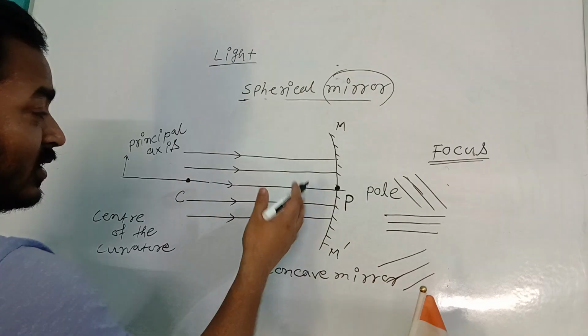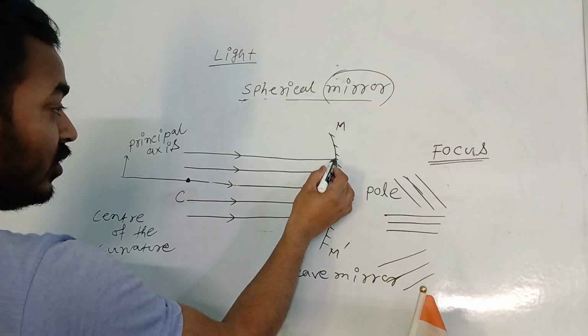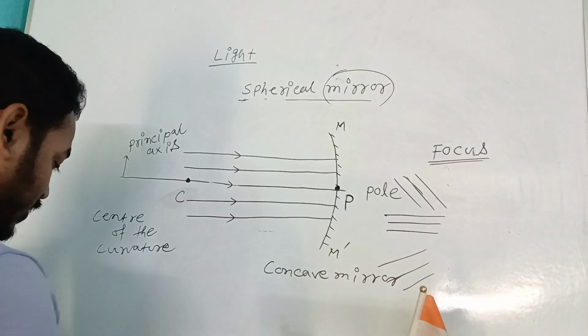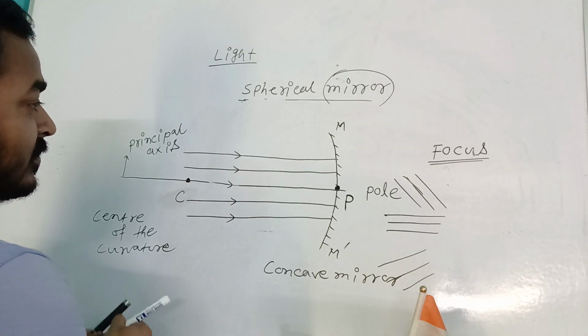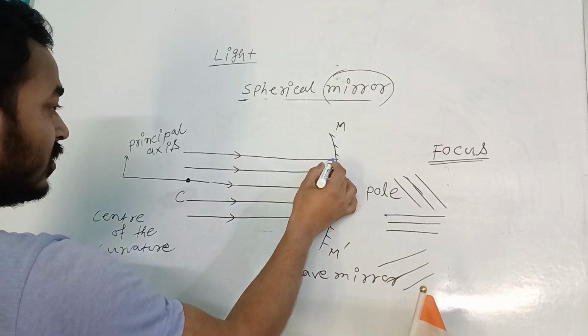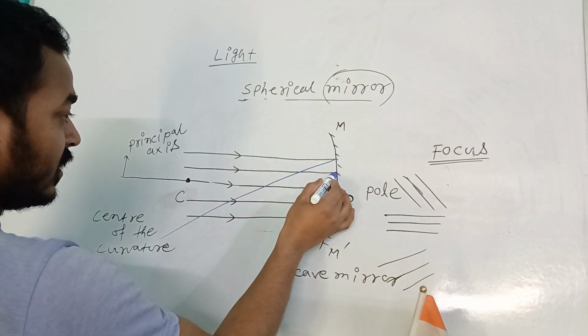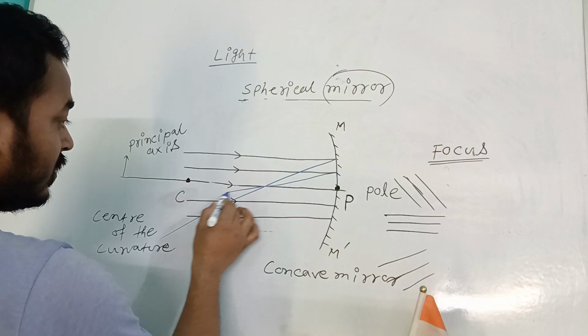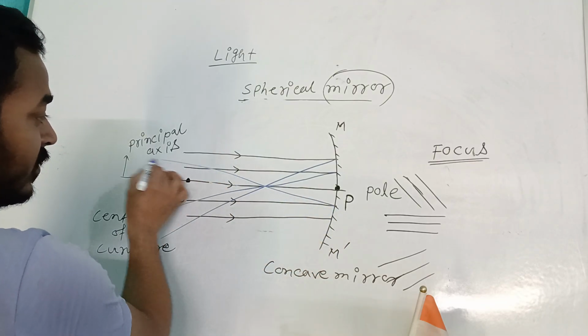So incident, practically we can observe, all the reflected rays are meeting at the same point.